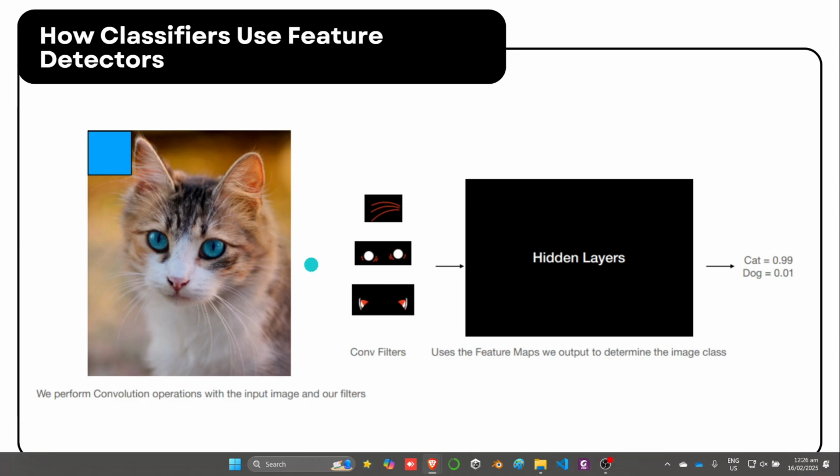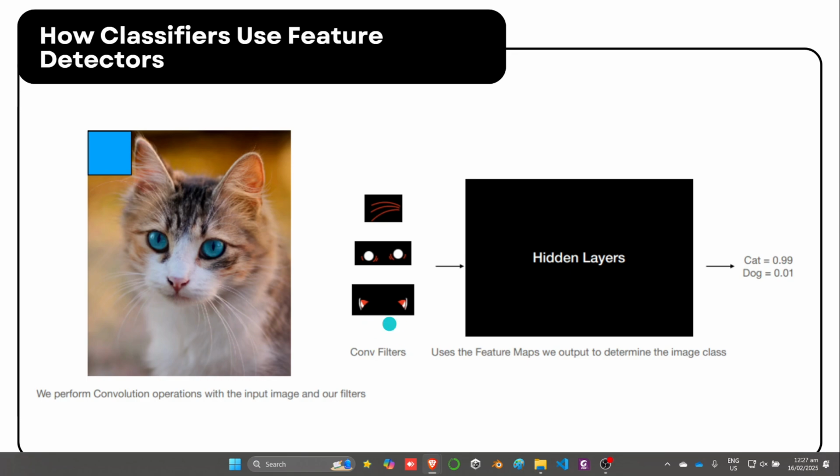It actually creates filters that correspond to the features in the image. So it learns what a cat looks like bit by bit. You can get features that look like whiskers, one that looks like eyes, one that looks like the ears.